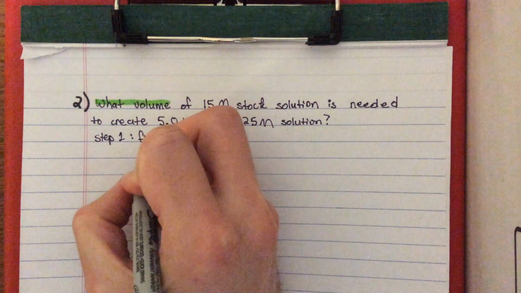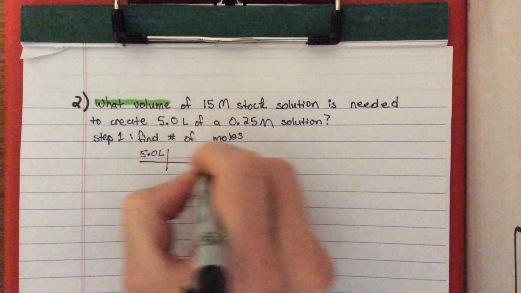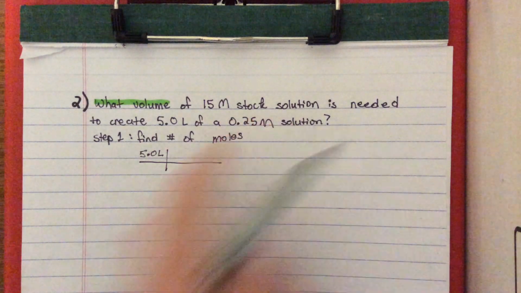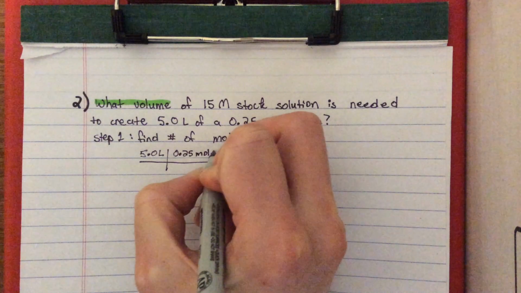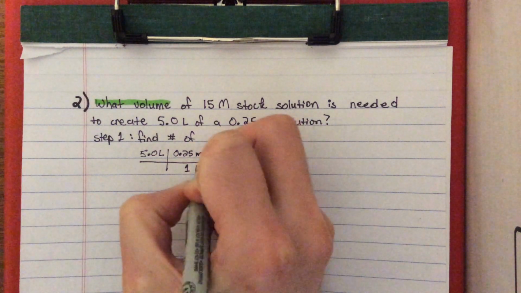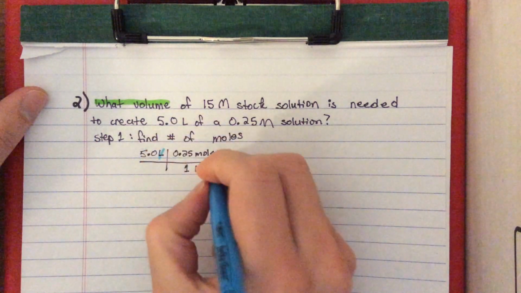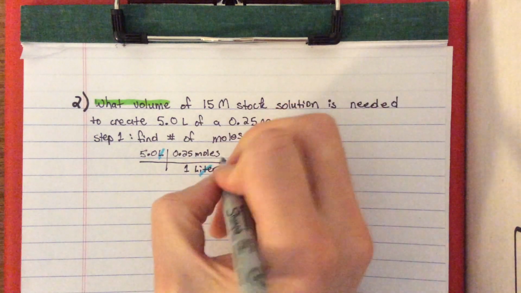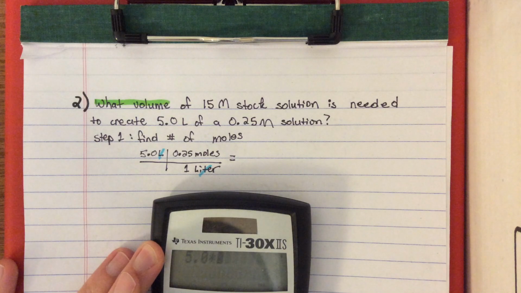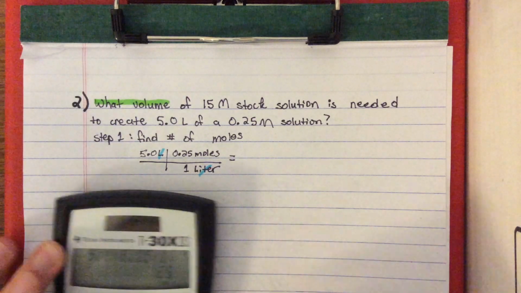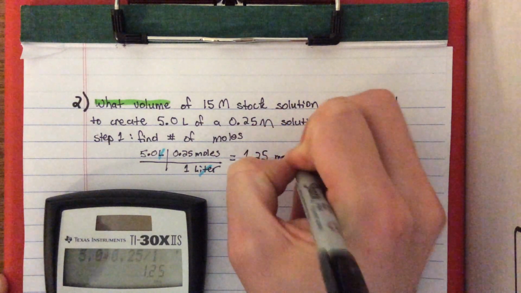So we'll take the 5.0 liters of our final solution, and we will multiply that by the ratio here, 0.25 molar, or 0.25 moles for every 1 liter of solution. Liters match on the diagonal, canceling out. So into our calculator, we will multiply all the terms in the numerator, divide by any terms in the denominator, and this will tell us that we need 1.25 moles of solute.